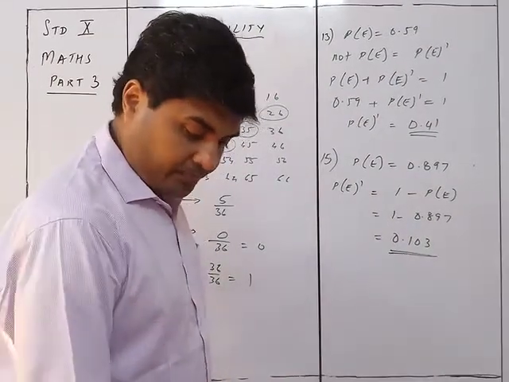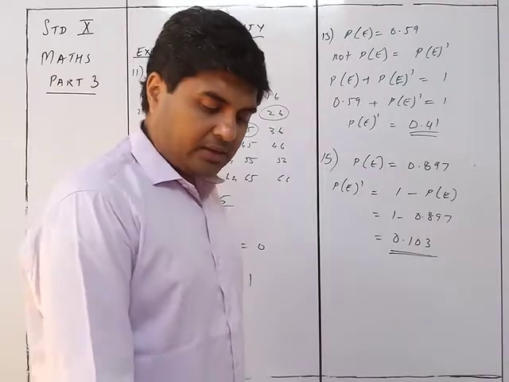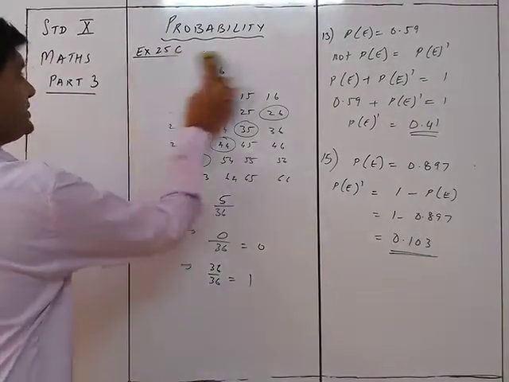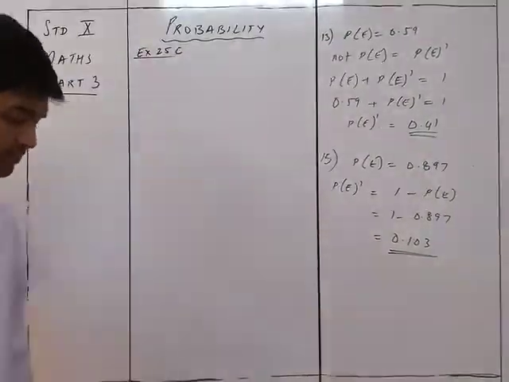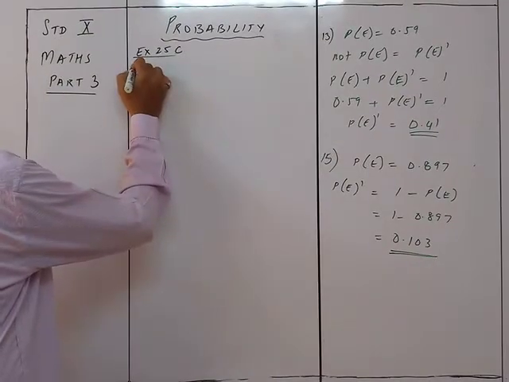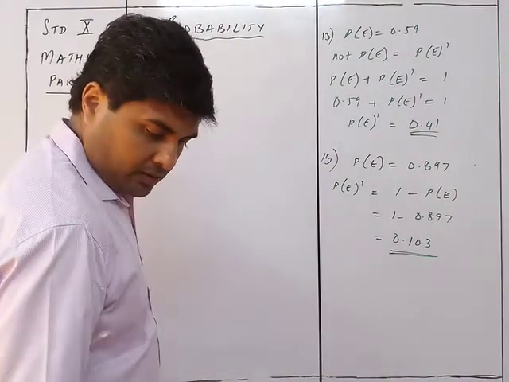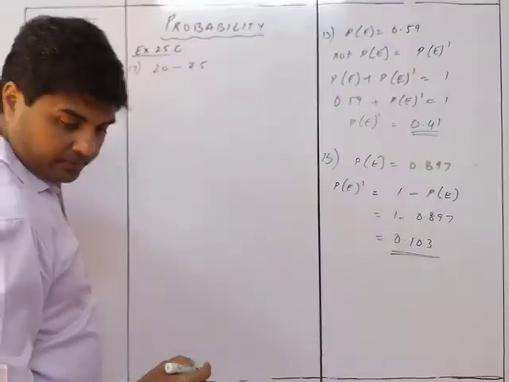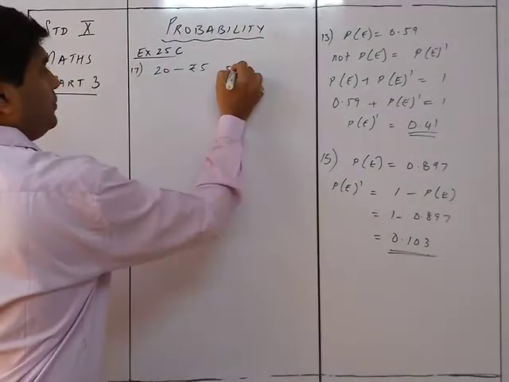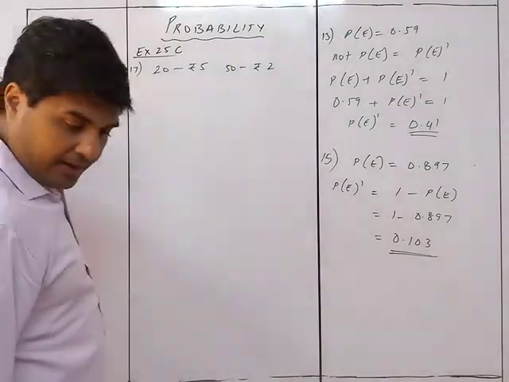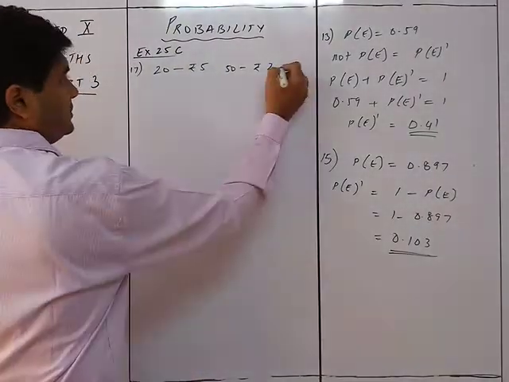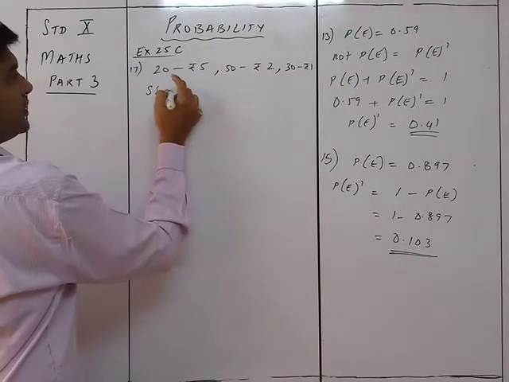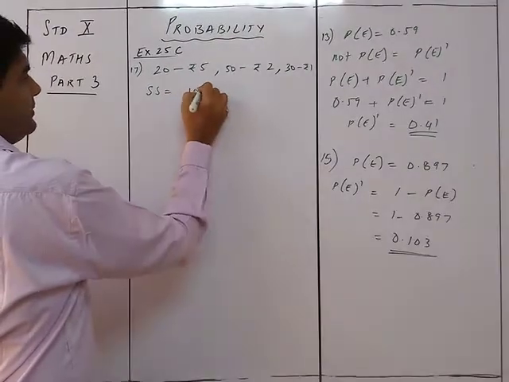Sum number 17. A bag contains 20 5 rupee coins, 50 2 rupee coins and 30 1 rupee coins. So that's the sum number 17. Therefore the sample space is equal to 20 plus 50 plus 30, which is 100.